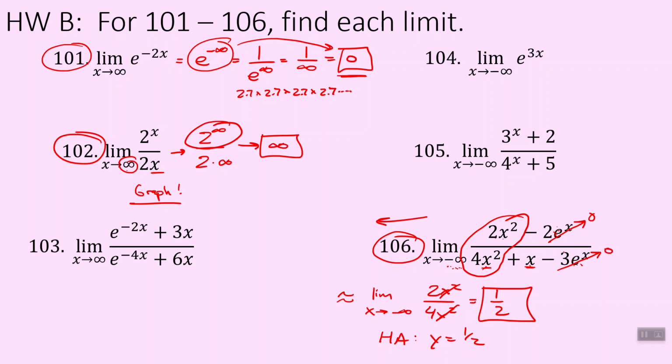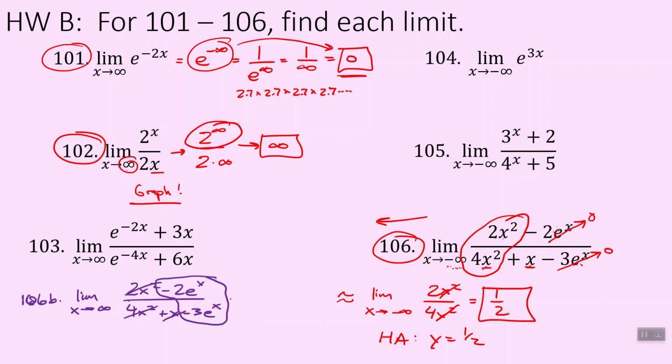We write y equals whatever the number is. If we're going to positive infinity, which is not what the problem asks, but if it did, like if we redid 106, say 106b, the limit as x goes to positive infinity of 2x squared minus 2e to the x over 4x squared plus x minus 3e to the x, then the only terms we would need to look at are these two, because these are so much bigger than all the rest.